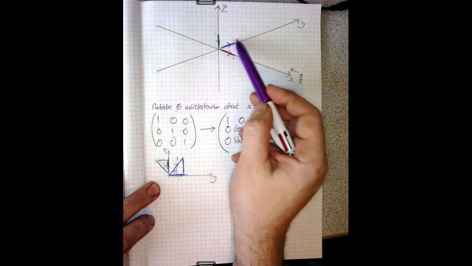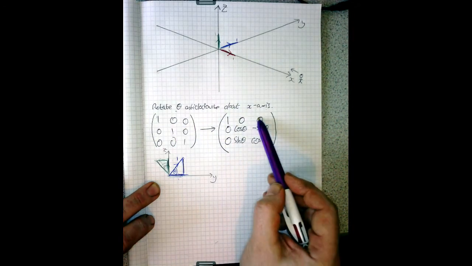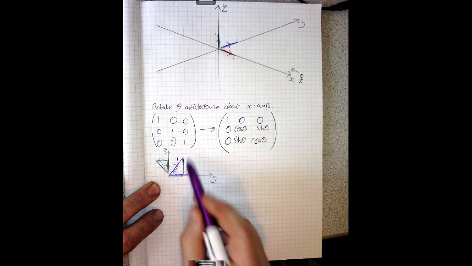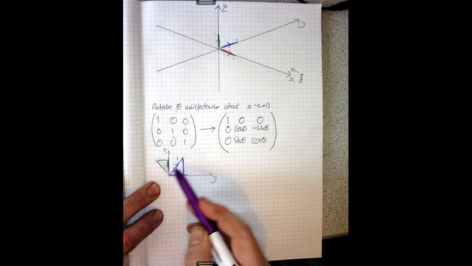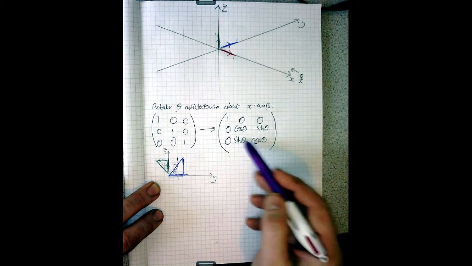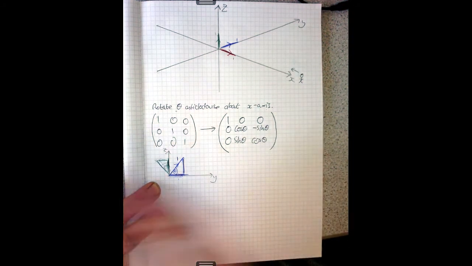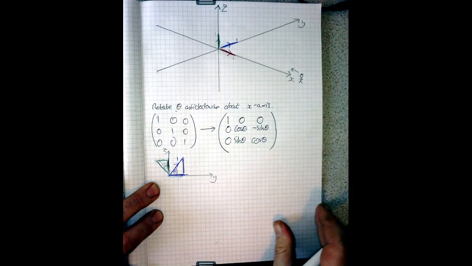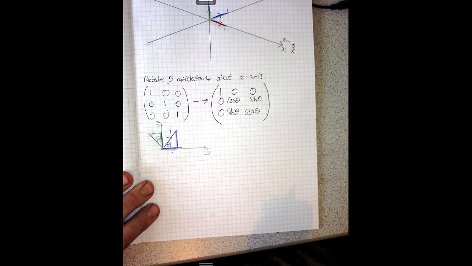So I'm stood at the end of the z-axis, looking down towards the origin. I'm going to see the xy plane. And the xy plane is just what I've been given in the formula booklet.